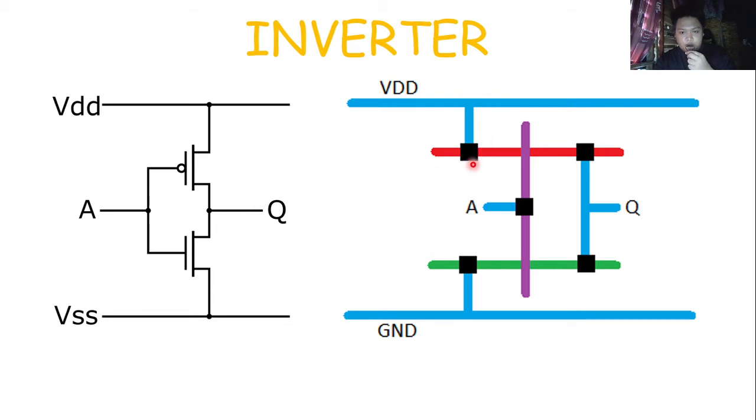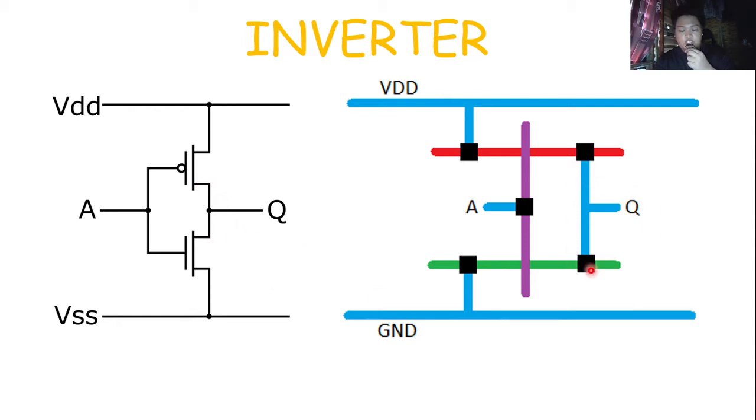Here is the source of the PMOS device. Here in the P diffusion layer, it's connected to VDD. Same here, the NMOS transistor is connected to the VSS or the ground. Both the drains of the PMOS transistor and NMOS transistor are connected with each other.